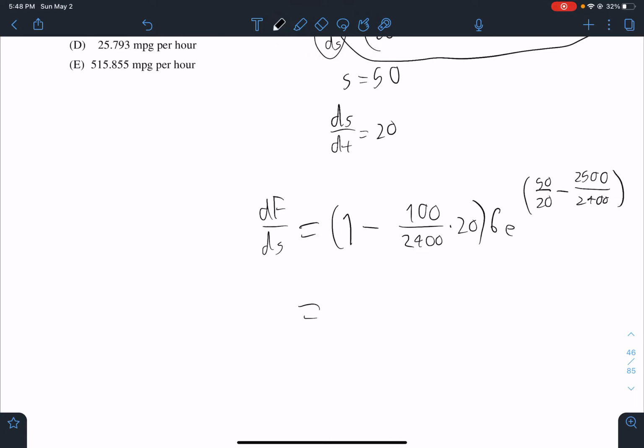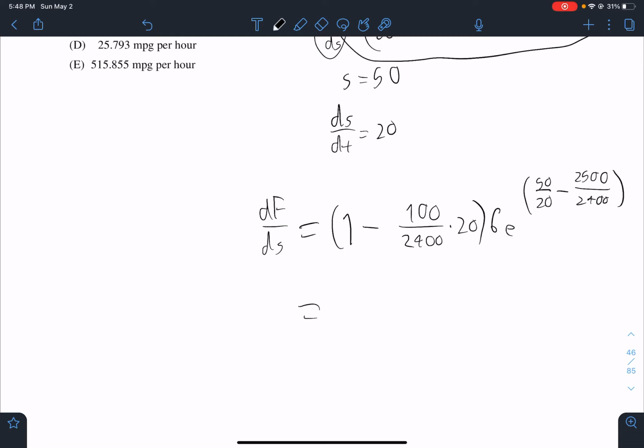Okay, so now we can just plug this all into our calculator. We get 1 minus... And feel free to do these problems along with me as I plug them into my calculator. 50 over 20 minus 2500 over 2400.